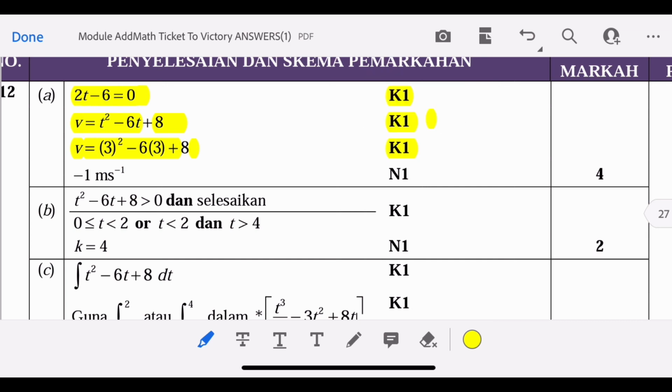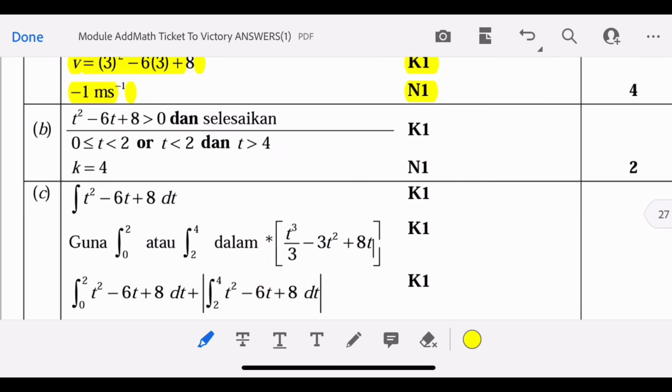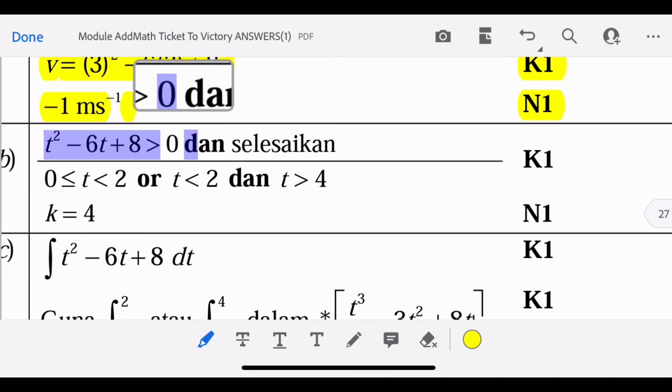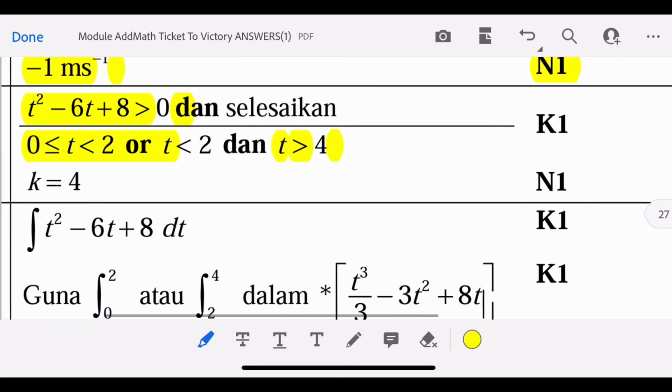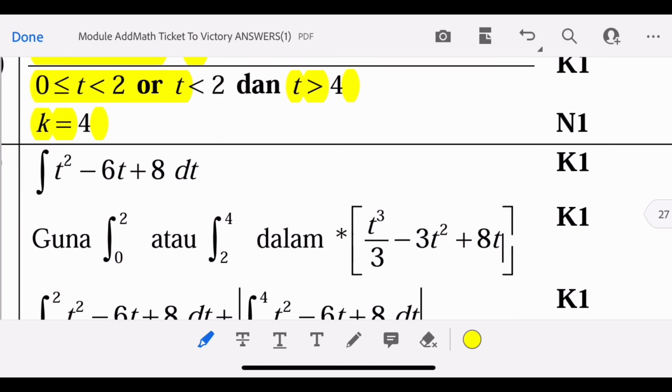Substitute the 3 into the velocity function, you get negative 1 meter per second. For part B, you have to let velocity more than 0 and solve it. Because time is always positive, we choose the time from 0 to 2, and also time must be more than 4. After 4 seconds, the velocity will be always positive, so k equals 4.